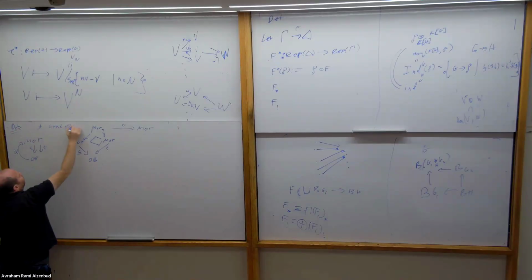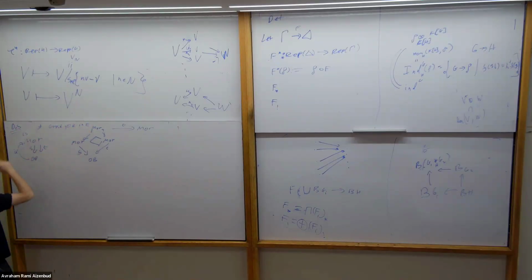A groupoid object: this data, source, target, identity, and composition, such that for any S in C, we have S upper star, T upper star, the corresponding maps between the Hom sets, compositions with the source and target maps.